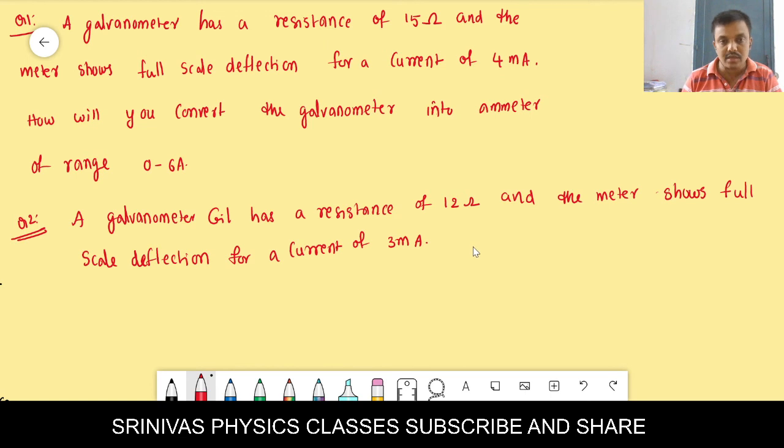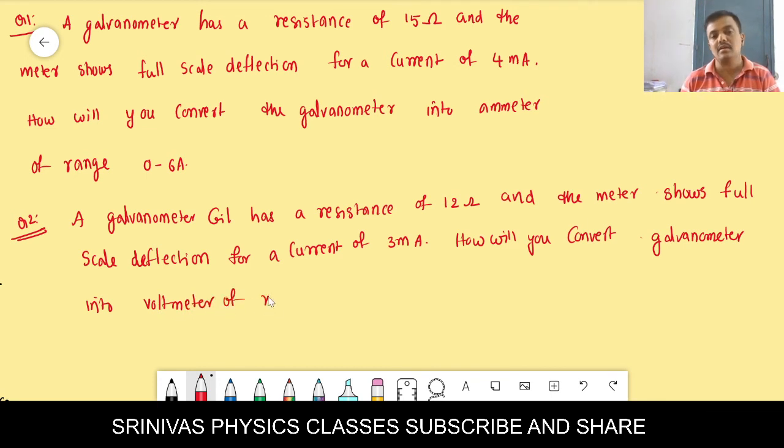How will you convert the galvanometer into a voltmeter of range 0 to 18 volt?